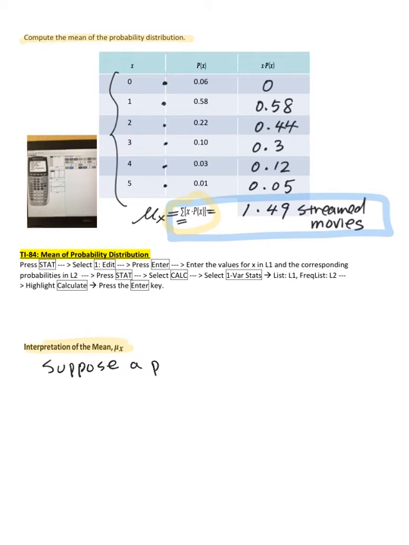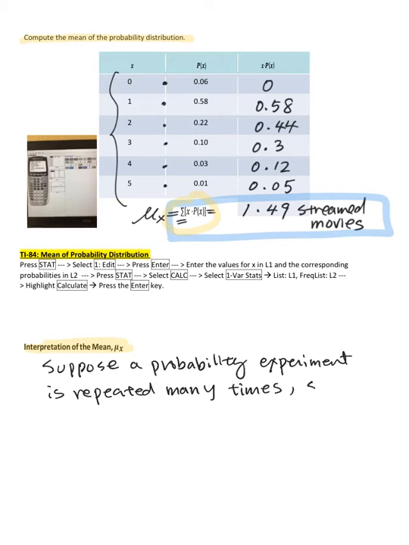Suppose a probability experiment is repeated many times, say 100 times with outcomes x1, x2, x3, all the way up to x100. So x1 is the number of movies streamed by customer 1, and x2 is the number of movies streamed by customer 2, and so on. So you repeat it 100 times.